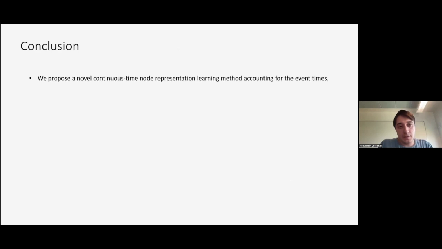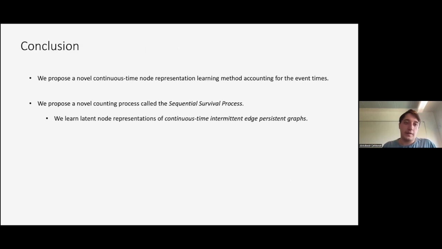So as a conclusion, we firstly propose a novel continuous time network representation learning model accounting for only the event times of the links with this PVM method. And later we propose this sequential survival process, and based on this process, we learn the node representations for these continuous time intermittent edge persistent graphs.